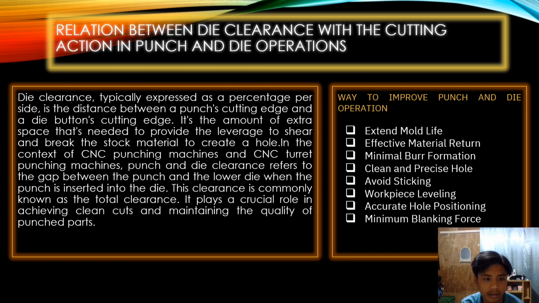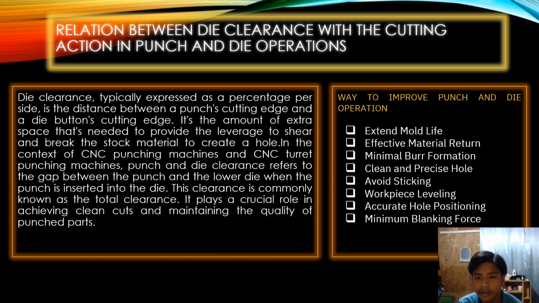In the context of CNC punching machines and CNC turret punching machines, punch and die clearance refers to the gap between the punch and the lower die when the punch is inserted into the die. This clearance is commonly known as the total clearance. It plays a crucial role in achieving clean cuts and maintaining the quality of punched parts.